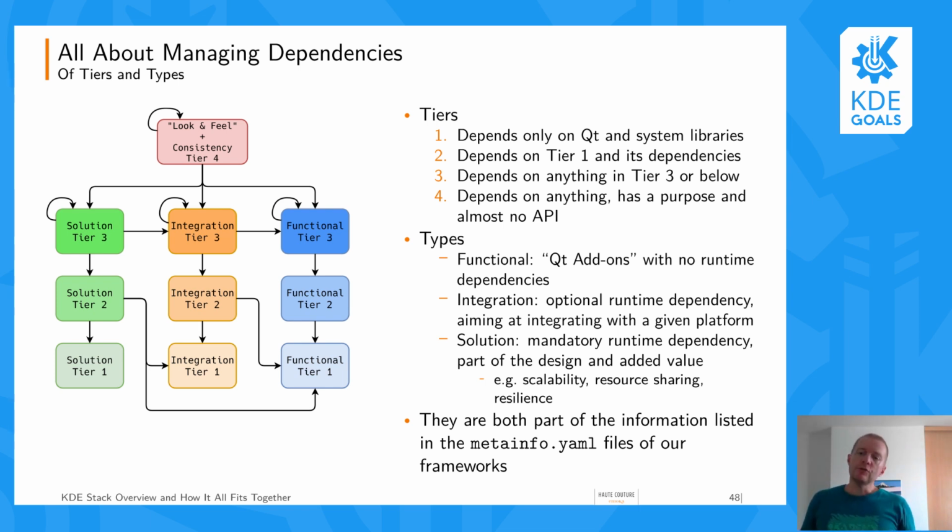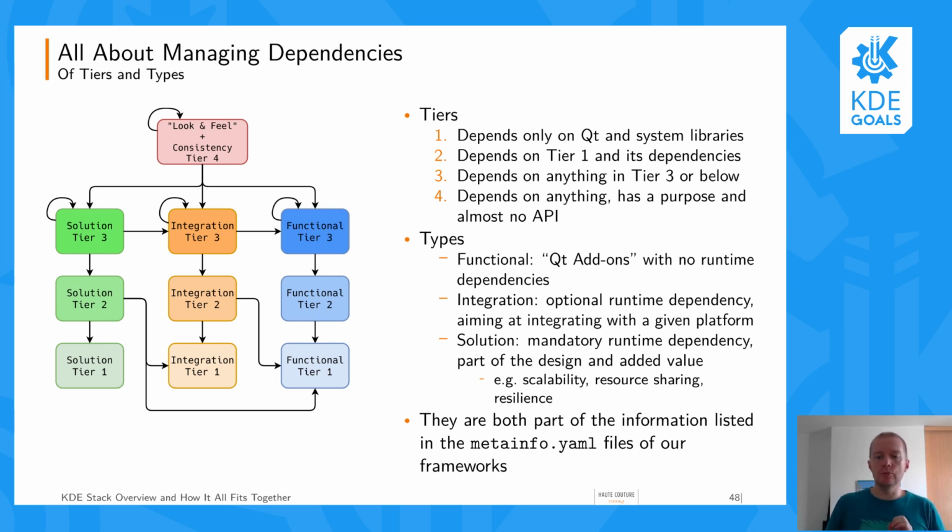The dimension that everyone talks about, the tiers, okay? So we have 3 tiers in there with their own dependency rules, okay? So if I have something which is on that line, at the bottom, which is tier 1, we basically say it can depend only on Qt and system libraries. Okay.